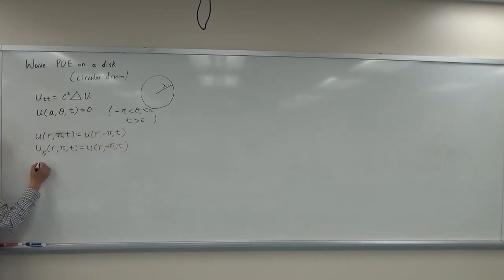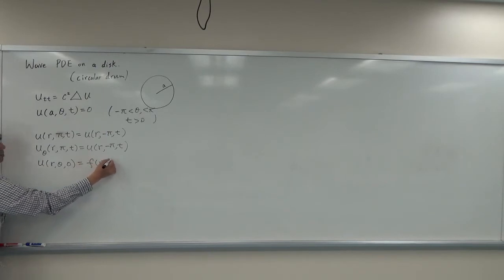And then there should be some initial condition u(r, theta, 0), some initial condition. We're going to call it f(r, theta).